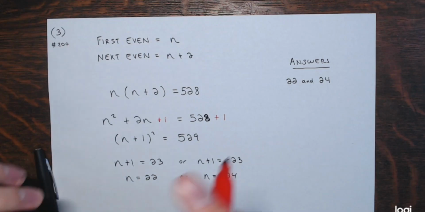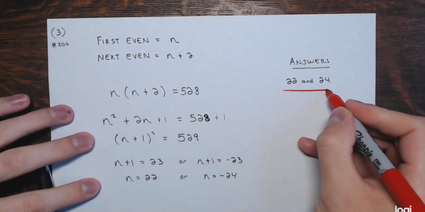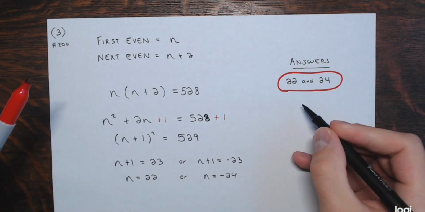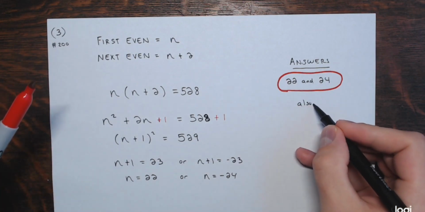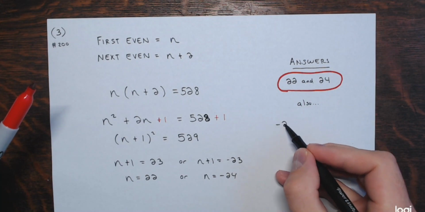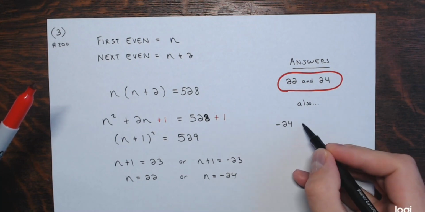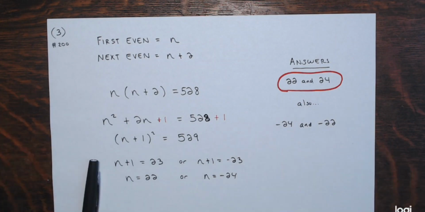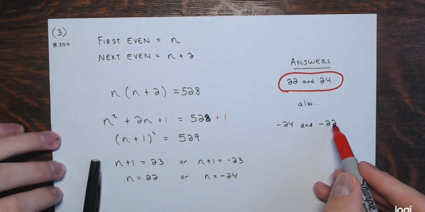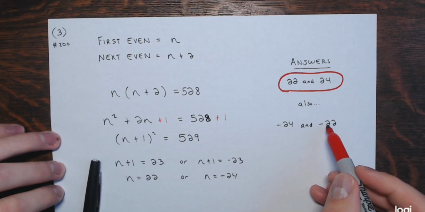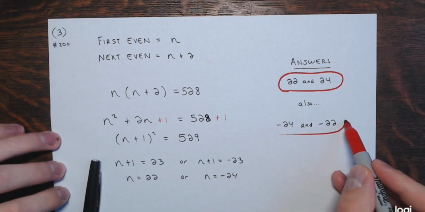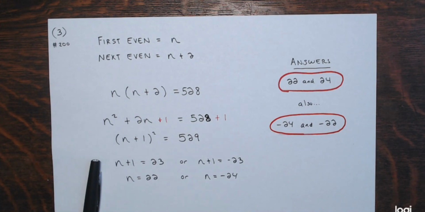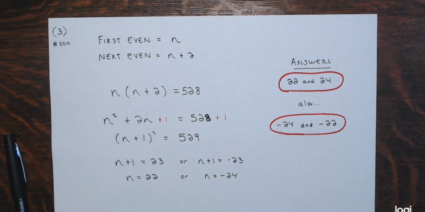You can check that with a calculator or do it by hand if you wish. So that pair of integers works. But also, when n is negative 24, then the next one, n plus 2, is negative 22. Here are consecutive even numbers that also have a product of positive 528. So this is also a valid answer. And I would write both if I were you.